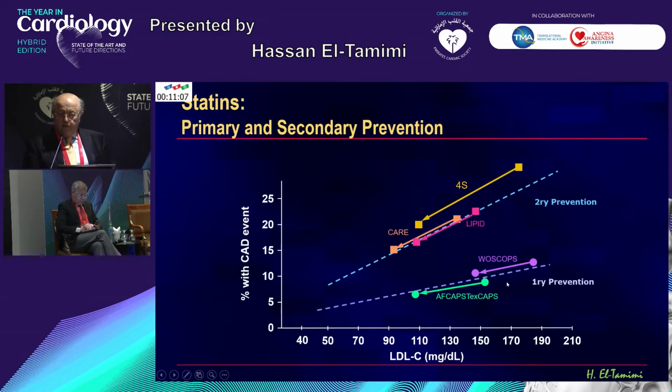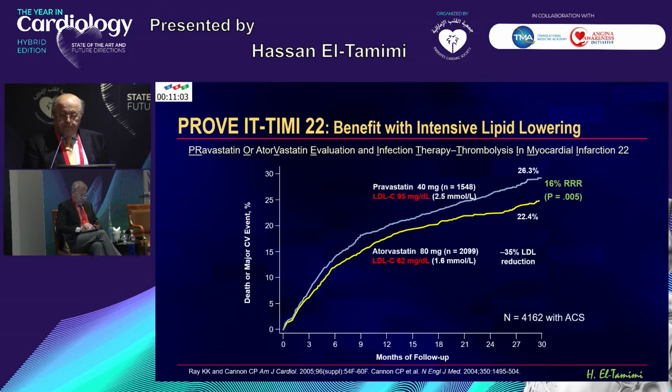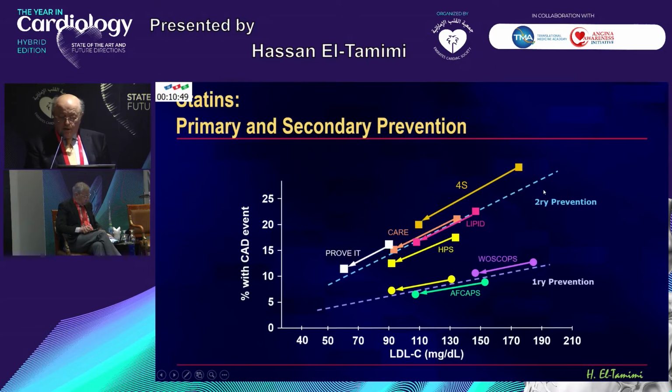And then these are the trials that were versus placebo. Then it was unethical to do placebo. So the PROVE-IT trial looked at low potency statin versus high potency, pravastatin versus atorvastatin, with significant reduction. Again, much lower LDL to start with and an impact.